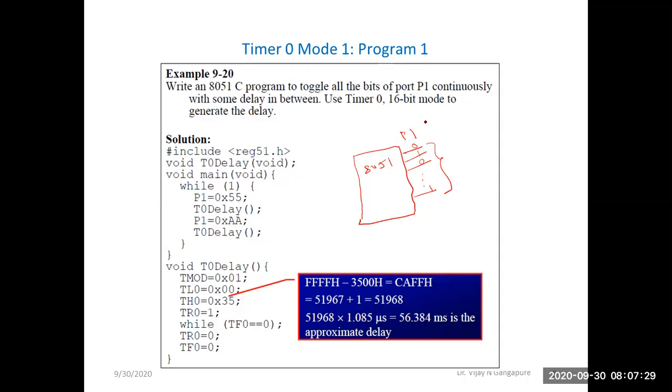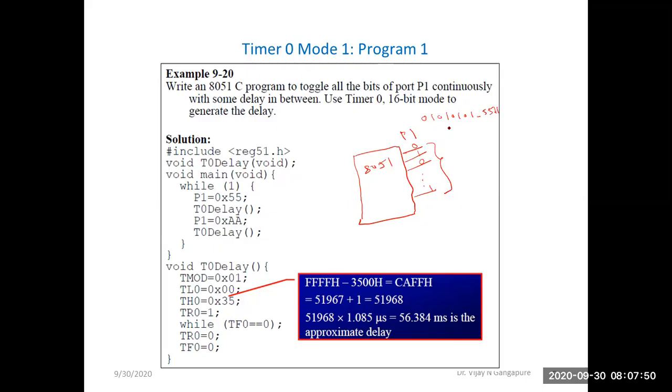First I have to output 0 1 0 1 0 1 0 1, so alternate bits are 0 1. That data in hex is actually 55H.